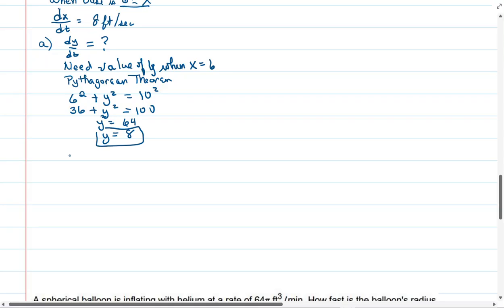So we're going to have x squared plus y squared equals some value c squared here. And in this case, we have 100. Here we go. 2x dx/dt plus 2y dy/dt equals 0.